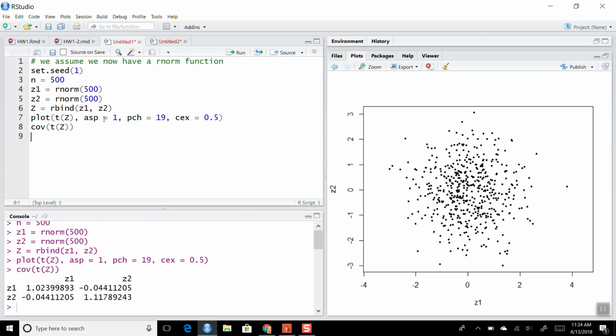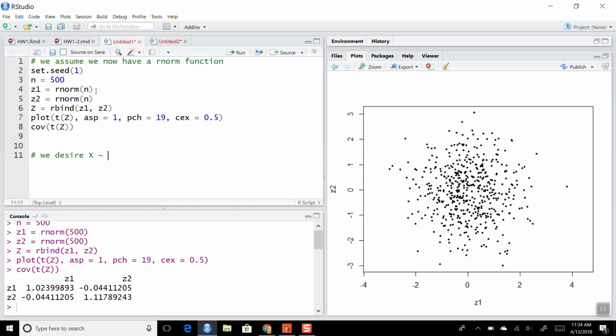So here we'll get something close to the identity, 1 and negative 0.04 and 1.11, okay? So close to the identity, of course not exactly, because it's an empirical thing.